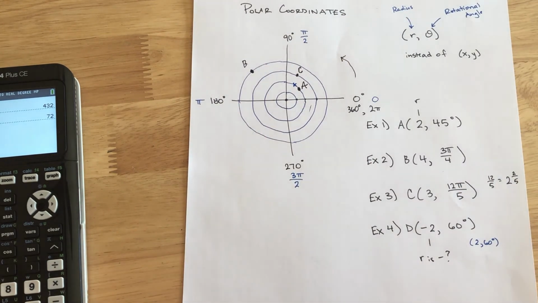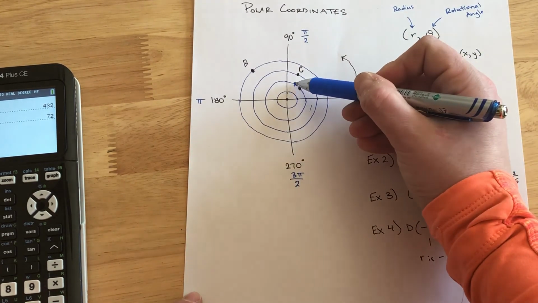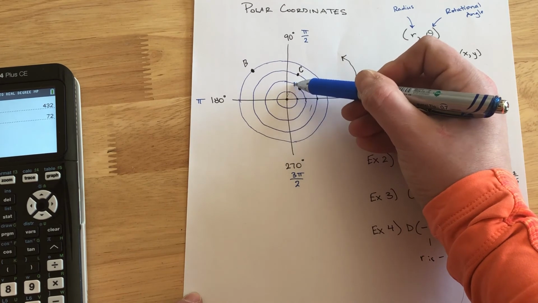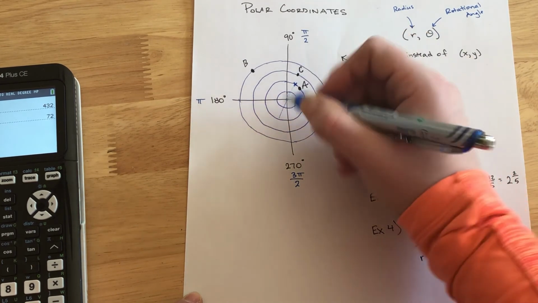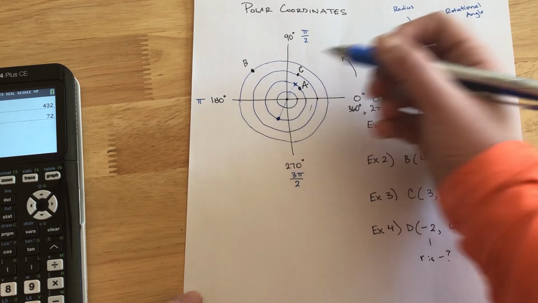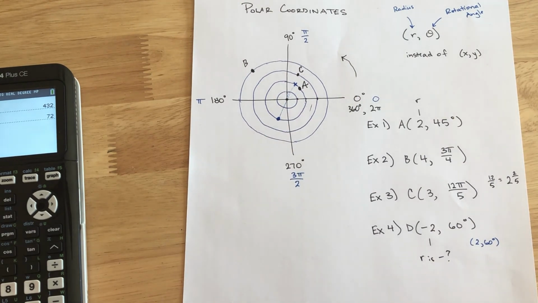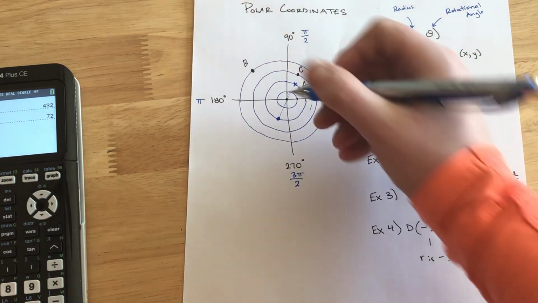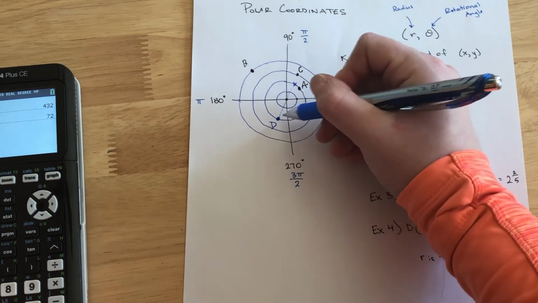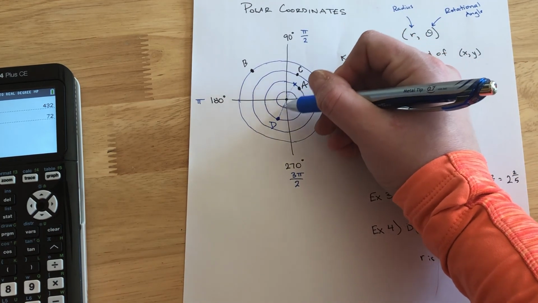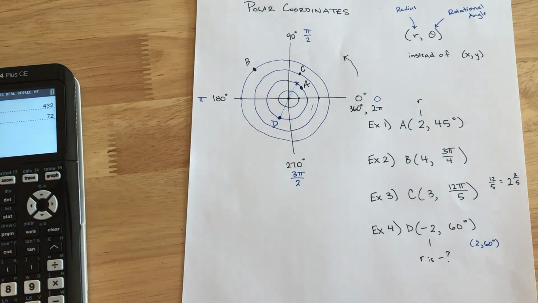But the fact that it's a -2 radius means that we need to go exactly halfway across the circle in the opposite direction of where the +2, 60 degrees would have been. So point D is located exactly across a 180-degree rotation from where we were.